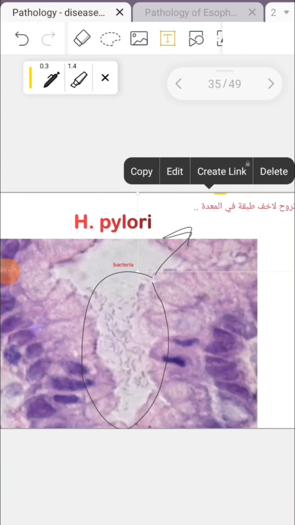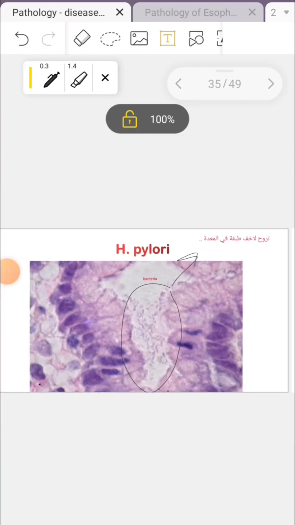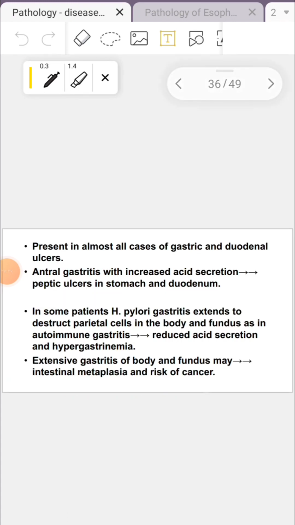H. pylori can also involve the body and fundus. The body and fundus are the classical location for autoimmune gastritis. In some patients, H. pylori gastritis extends to disrupt parietal cells.